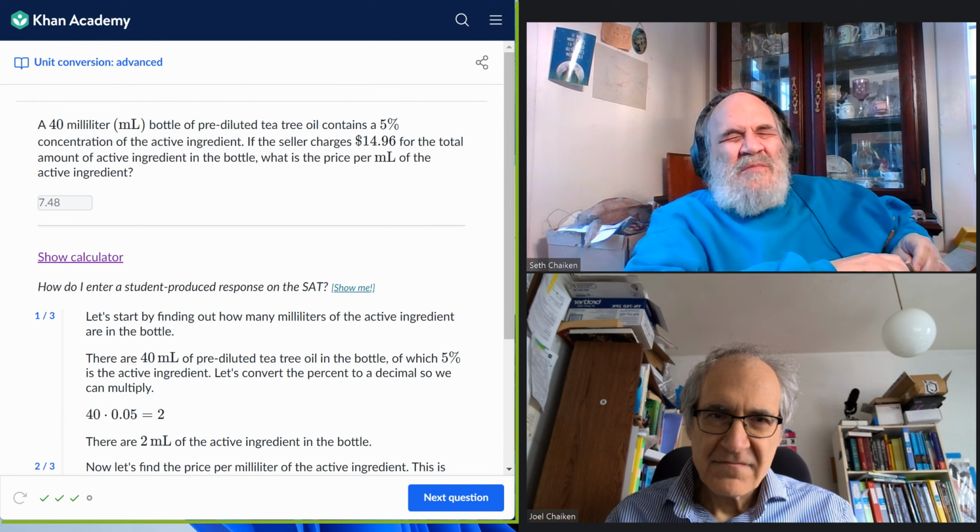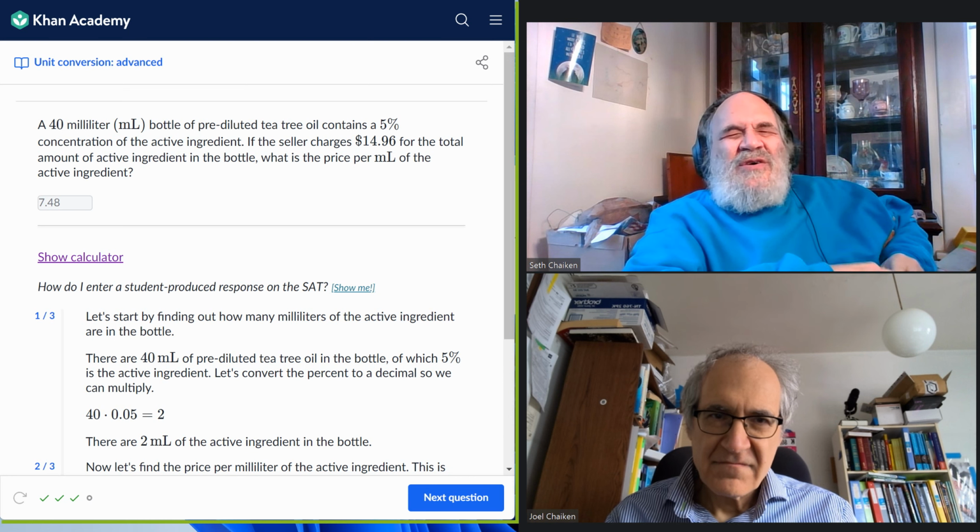The manufacturer dilutes the active ingredient, manufactures or buys the bottles, packs them and ships them and all that stuff.